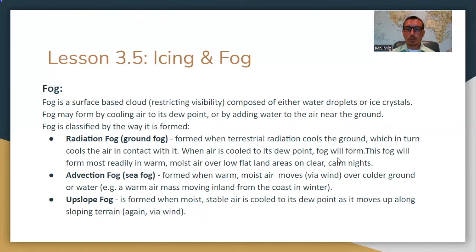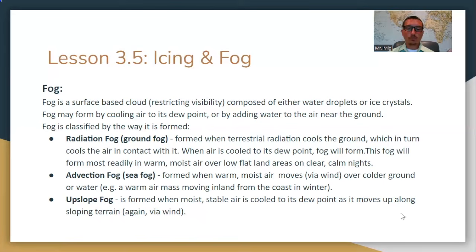So that's the question you'll often get: which type of fog is most likely to occur in warm, moist air over low, flat land areas on clear, calm nights? And the answer would be ground fog or radiation fog. That is very often a question I've definitely seen on practice tests.